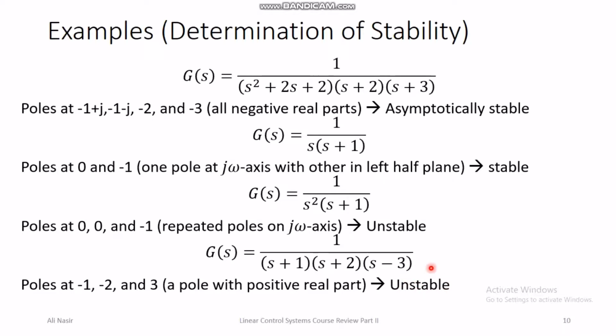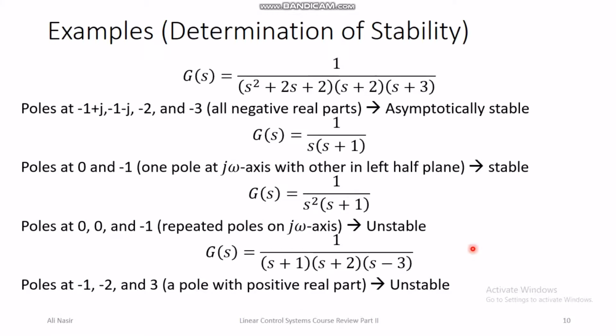So in linear systems, instability means that the output will go to infinity, but in a non-linear system you can have an unstable equilibrium point without the output going to infinity. But in linear systems, if the system is unstable, the output will always go to infinity. So this is how you determine the stability.